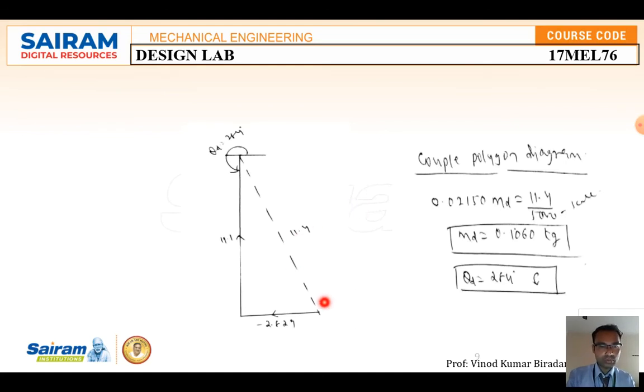Here you assume some suitable scale, 0 to this side, negative direction. You assume the scale is 5000, and if you multiply by it you get minus 2.829.